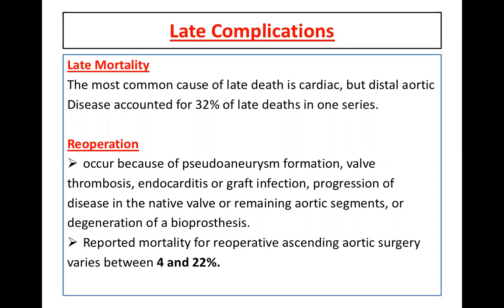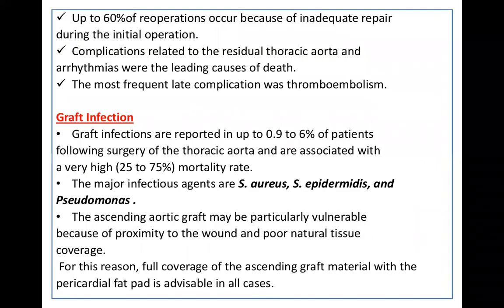Reported mortality is up to 22%. Up to 60% of reoperations occur because of inadequate repair during the initial operation. Complications are related to the residual thoracic aorta and arrhythmia. The most common late complication was thromboembolism.